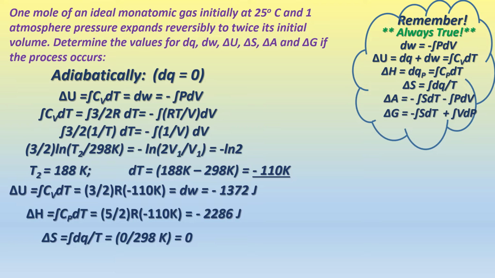The definition of entropy is the integral of dq over T. In this case, for an adiabatic system, dq is 0, so the change in entropy is 0. Since the change in entropy is 0, the Helmholtz energy simply becomes, once again, the work. S dT is going to be 0, so you get delta A is equal to minus PdV, or minus 1,372 joules.